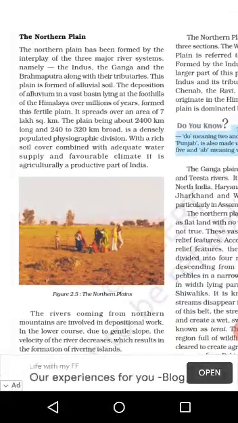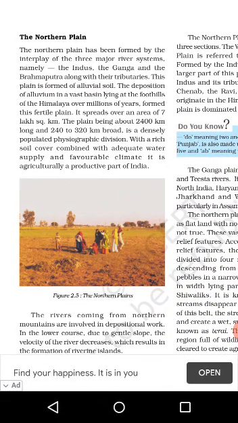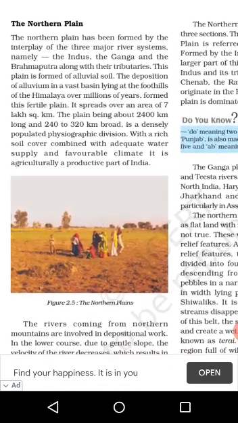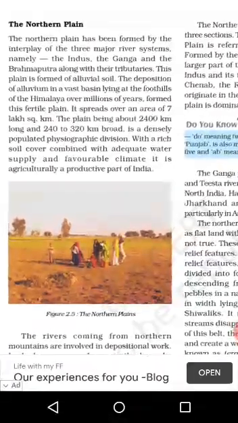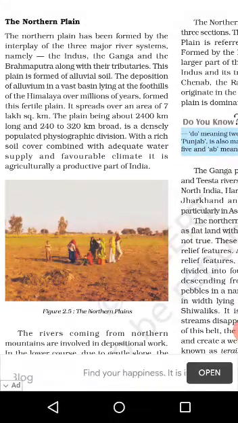And this plain is formed by alluvial soil. The plain is about 2400 kilometers long and 240 to 320 kilometers broad.